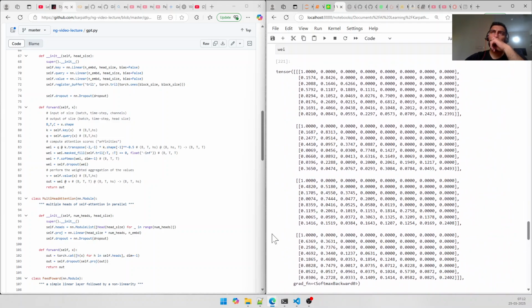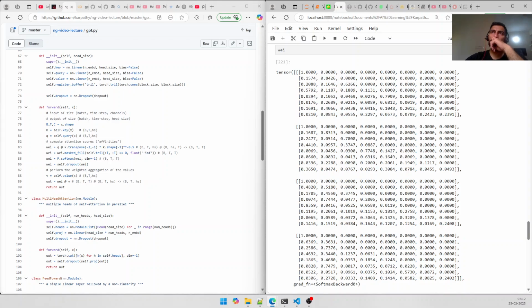Okay. Then next we are telling, now we have this element that has correlation with this one.